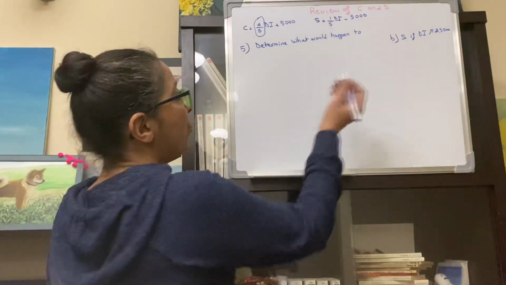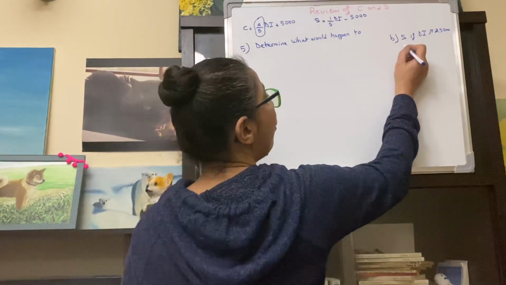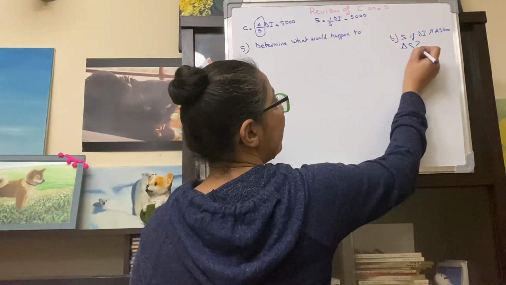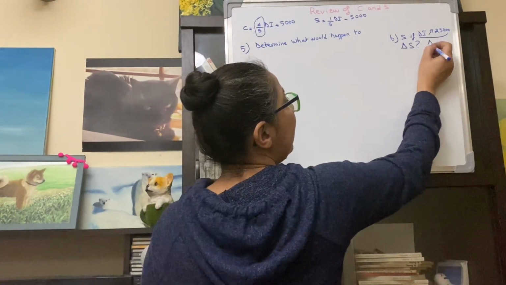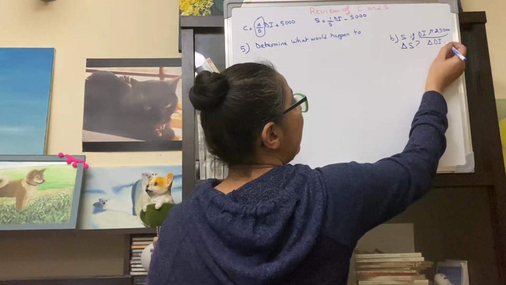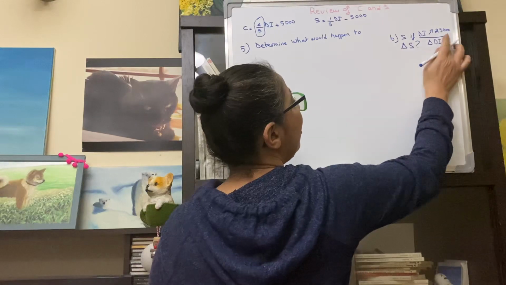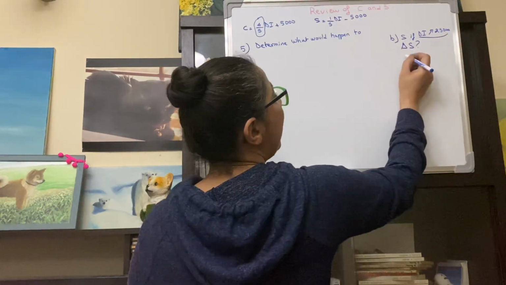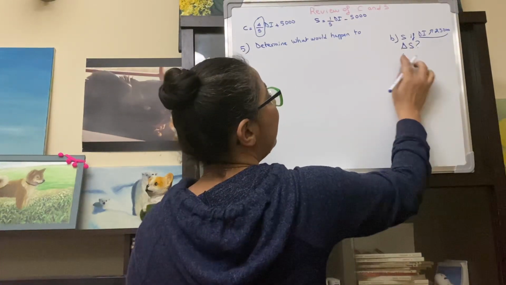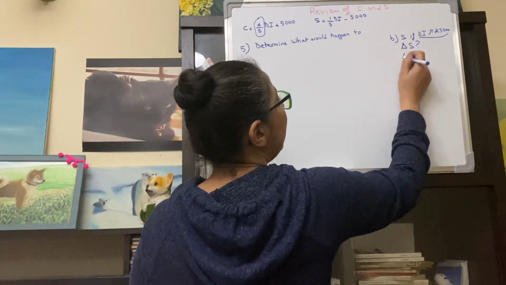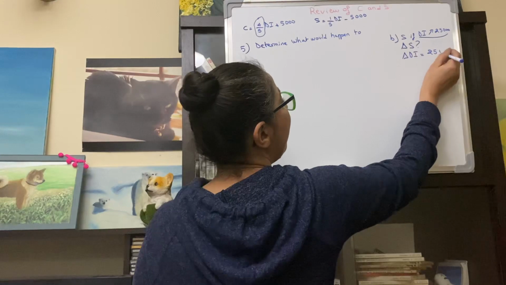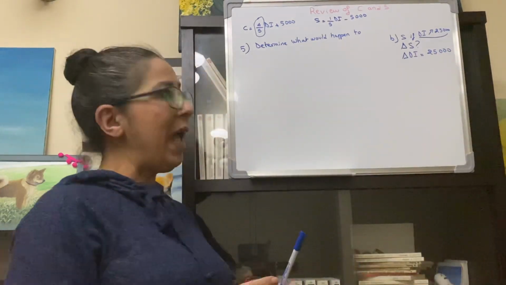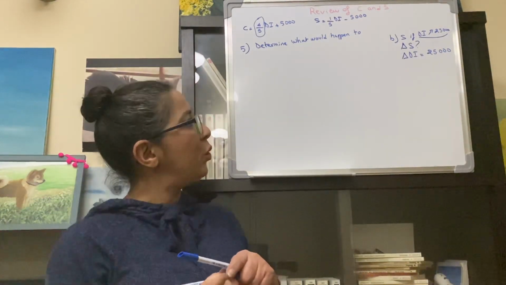So I'm looking for delta S, and I have delta DI already. Delta DI is 25,000. You can see it here. Same thing.